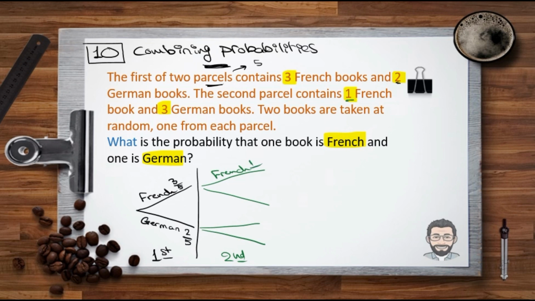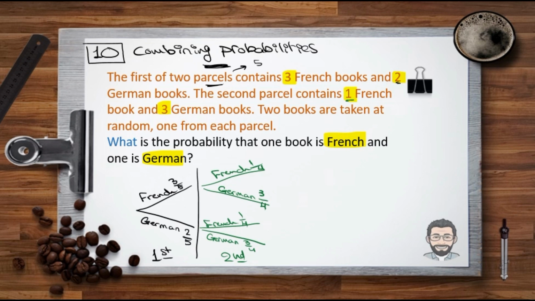Count all of them, 1 and 3, it's going to be 4. So a quarter. And the German, how many German books? Yeah, 3 out of what? Out of 4, because the total is 4. The same thing here. French, 1 over 4. German, it's 3 over 4. Now we got it.